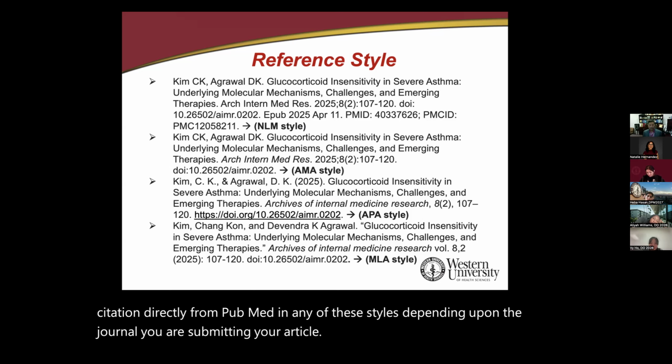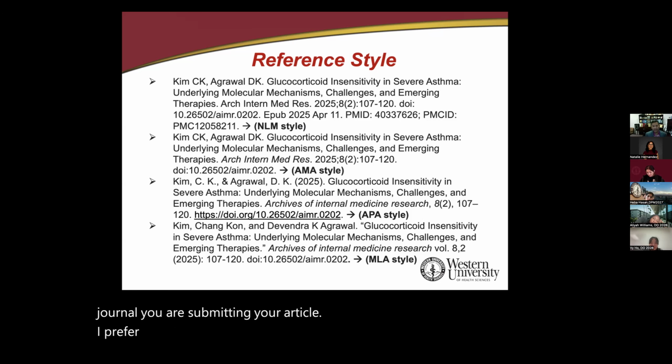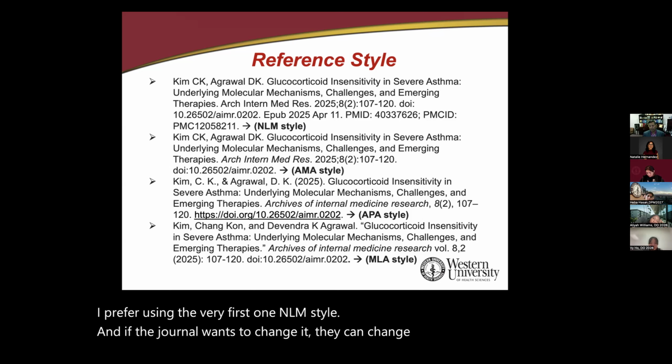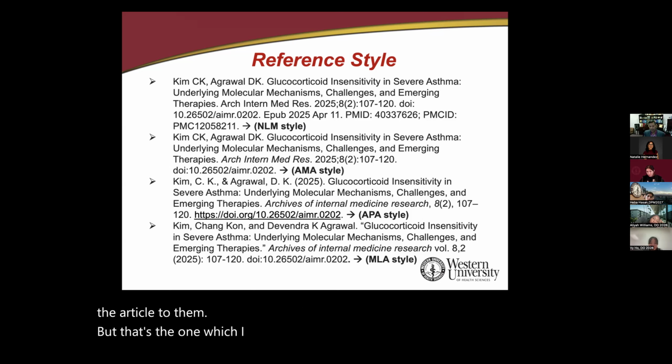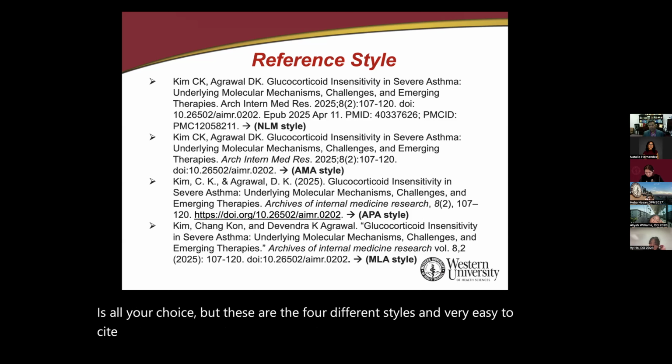I prefer using the very first one, NLM style. If the journal wants to change it, they can change it after we submit the article to them. That's the way I submit most of the articles. It's all your choice, but these are the 4 different styles and it is very easy to cite the article from PubMed.